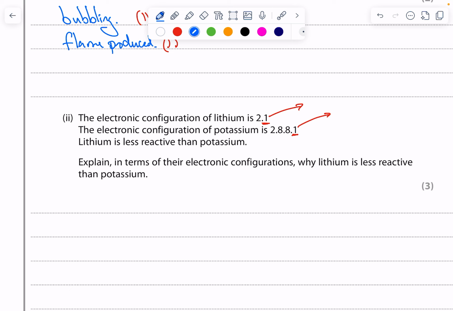So why is lithium less reactive? So we're going to say that in lithium, the outer electron is closer to the nucleus.